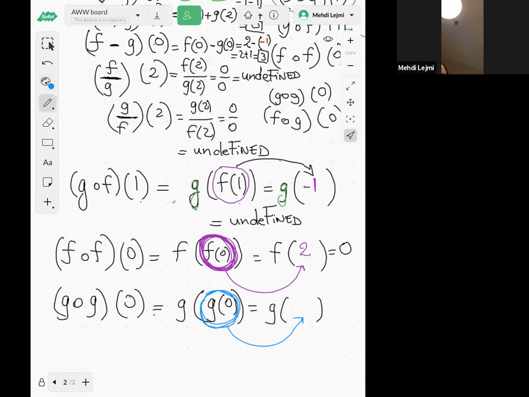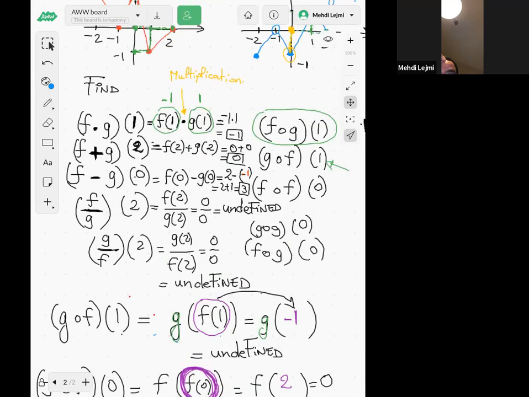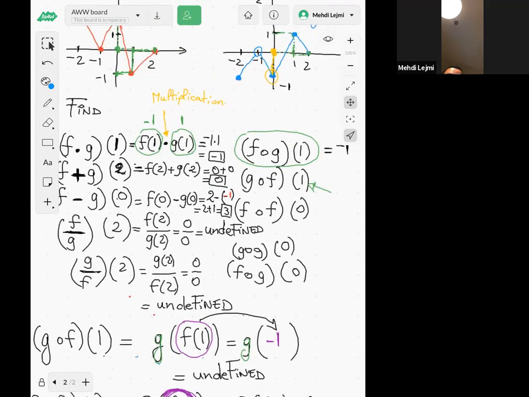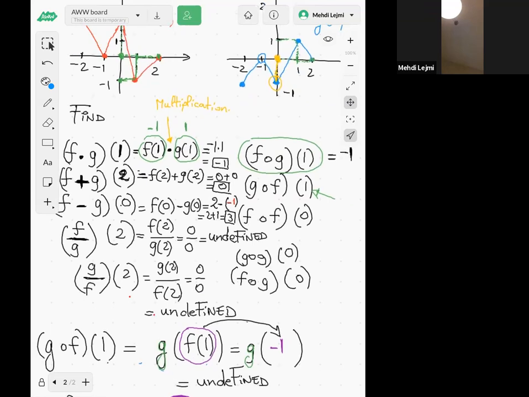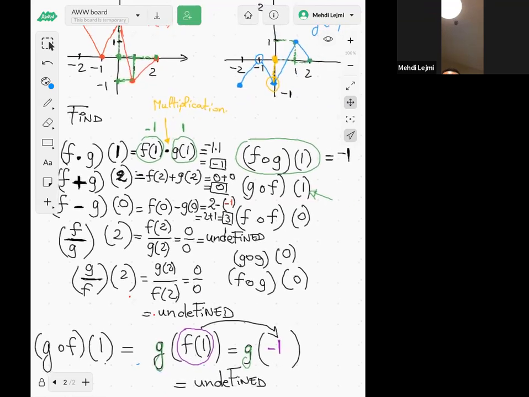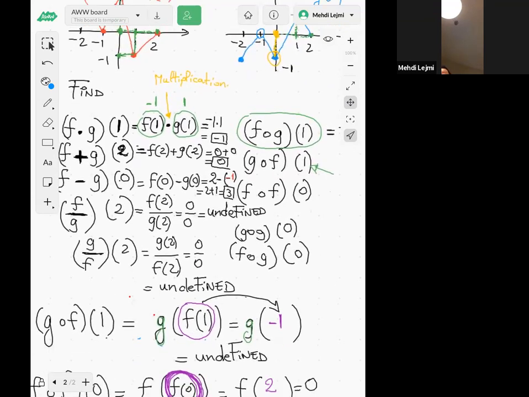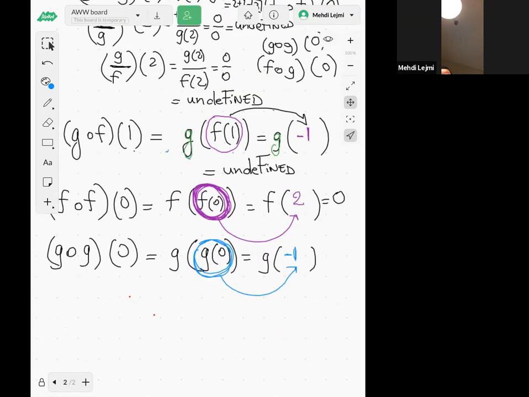So this is actually -1. Okay. And again, there's still a g outside. So now it's g of -1. And g of -1 is actually undefined because there's this empty circle at -1, right? So g of -1 is undefined. So the answer here is undefined.